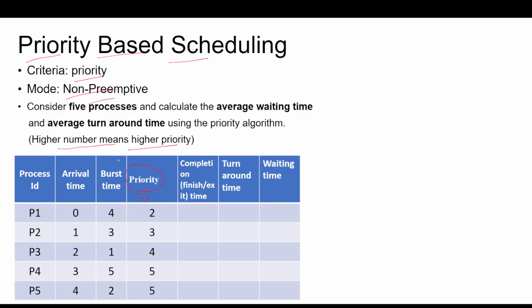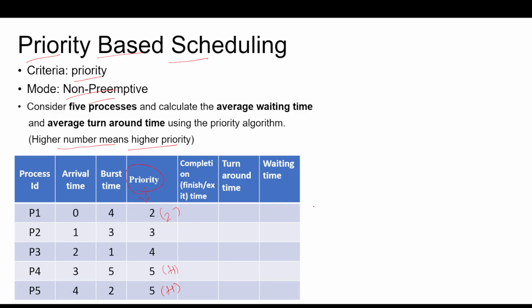So a higher number means higher priority. The highest number in this column is 5, and the lowest is 2. So 5 has the highest priority and 2 has the lowest, and then sequentially 4 and 3 have the next priorities.